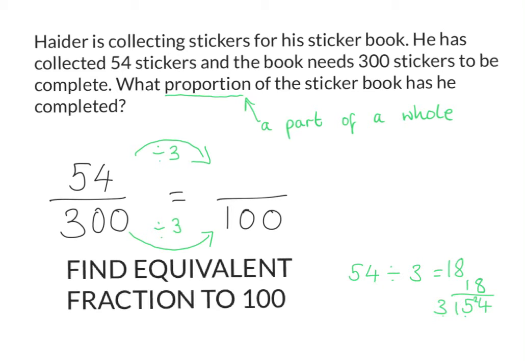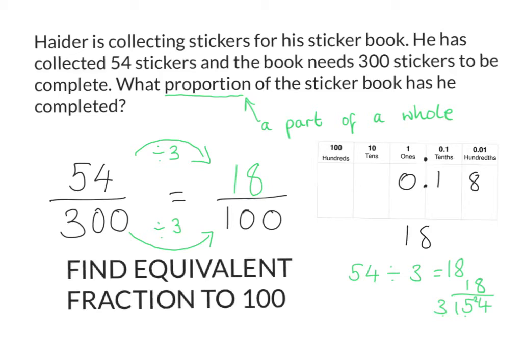So as a fraction then, 54 300ths is equal to 18 100ths. And now I've put it into hundredths, so I can clearly see that it's going to be 0.18 as a decimal, or as a percentage it's going to be 18%. So he's still got quite a few stickers to collect for his book.